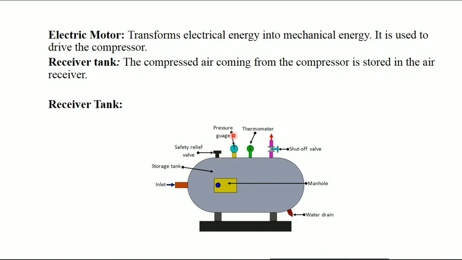The pressure gauge shows the pressure of the air inside. The thermometer shows the temperature of the air. Then the shut off valve, everything is available here. So we can always control the air pressure and air temperature available in the receiver tank.